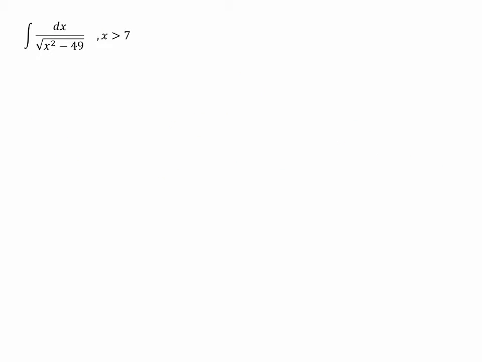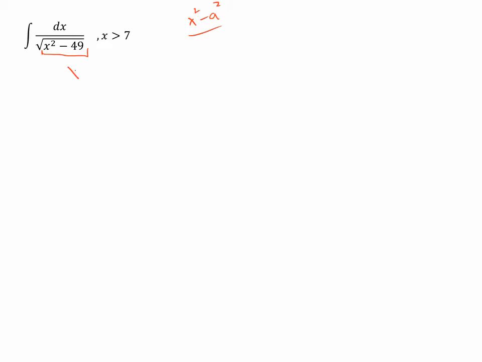Okay, let's see the problem. First one, the integral of dx over the square root of x squared minus 49. Here x is greater than 7, which indicates the part under the square root is greater than 0. I first want to find the format, which is x squared minus a squared, under the square root.